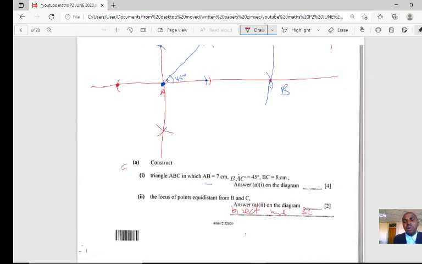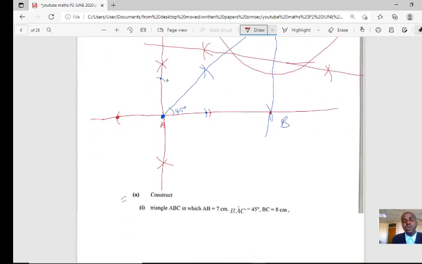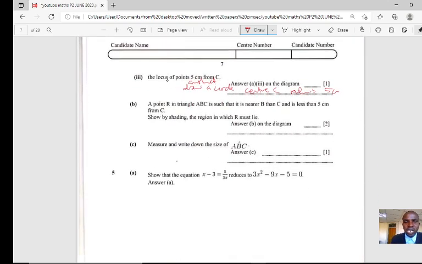So on your ruler with your compass, you measure 5 centimeters. Then you come at C, then you draw a circle at C. For example, 5 centimeters maybe somewhere here. So this radius from C to this one is supposed to be 5 centimeters. Then that will be a circle. It's actually 1 mark.